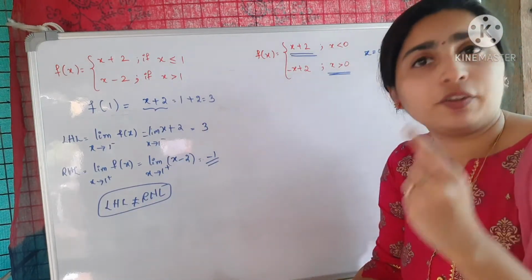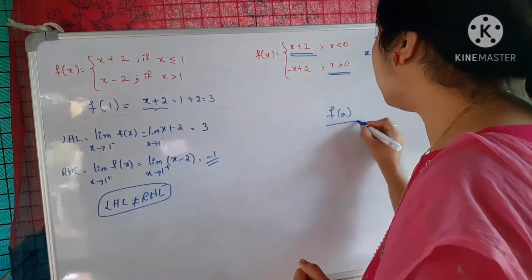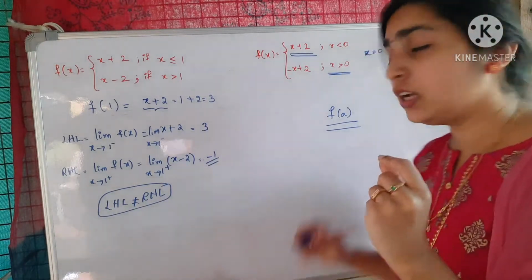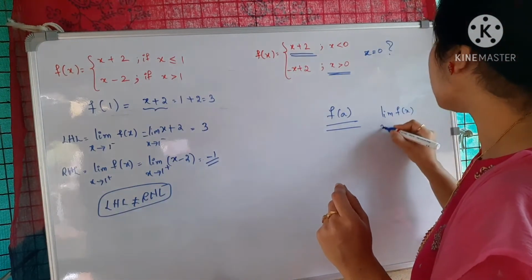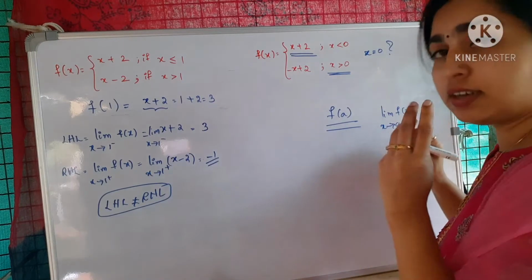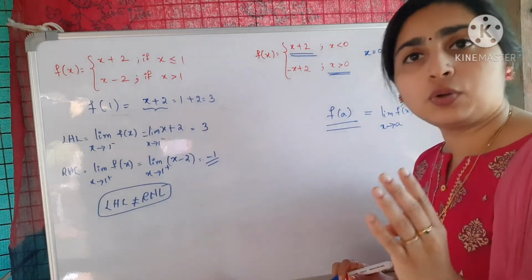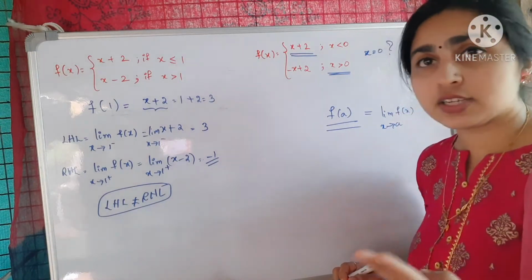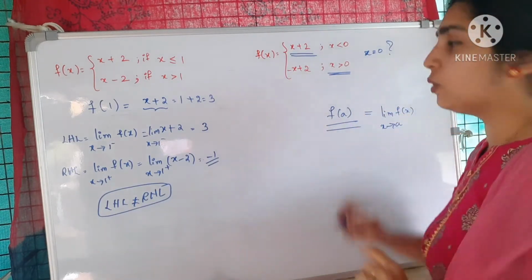First, it should be defined at x is equal to a, so f of a should be defined. Then it should have a limit as x approaches a. And the third condition is that this limit should be equal to f of a. Then only can I say the function f of x is continuous. But here the function is not defined at x is equal to 0.